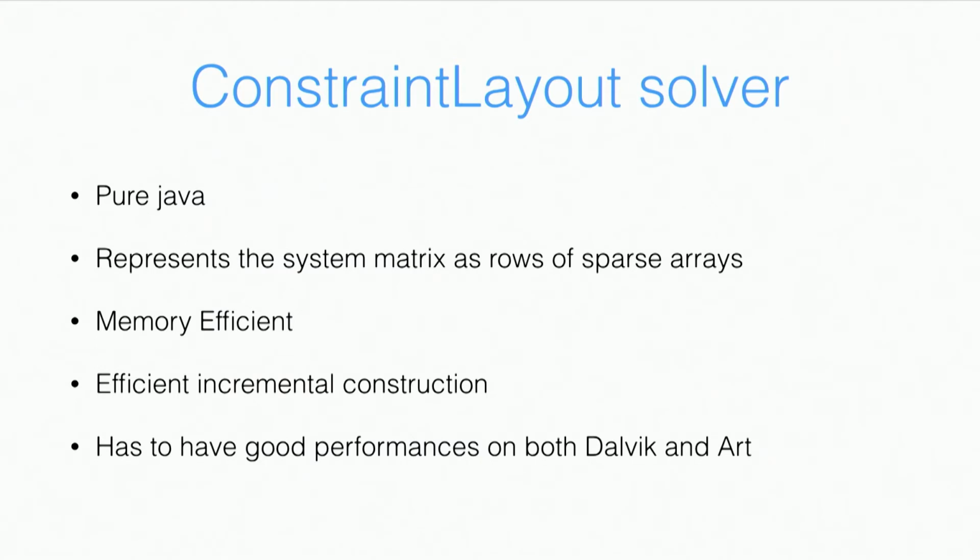It's very memory efficient, in fact. I think last time I measured it was like 80 kilobytes per thousand constraints, so you should be all right. More importantly for us, it needed to have good performances on both Dalvik and Art, which had some interesting side effects. Incidentally, on Art, it's really fast.